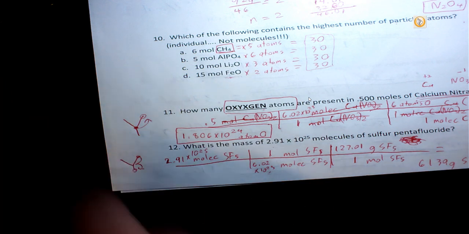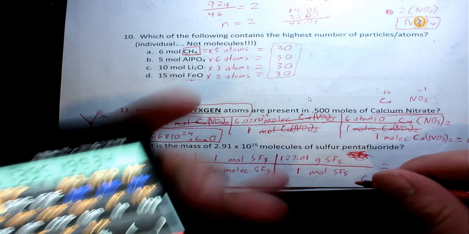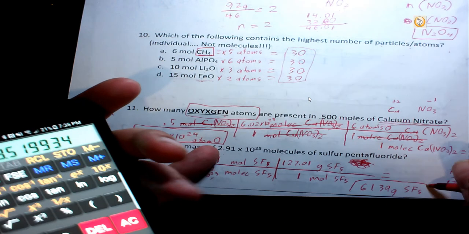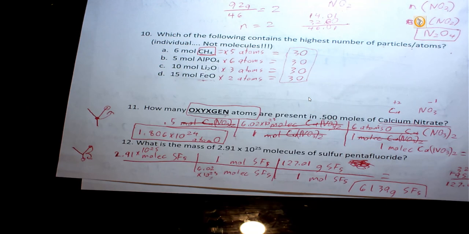Yep, so that should be our good final answer. So our final answer is 6,139 grams of sulfur pentafluoride. That's going to be it for page 2.